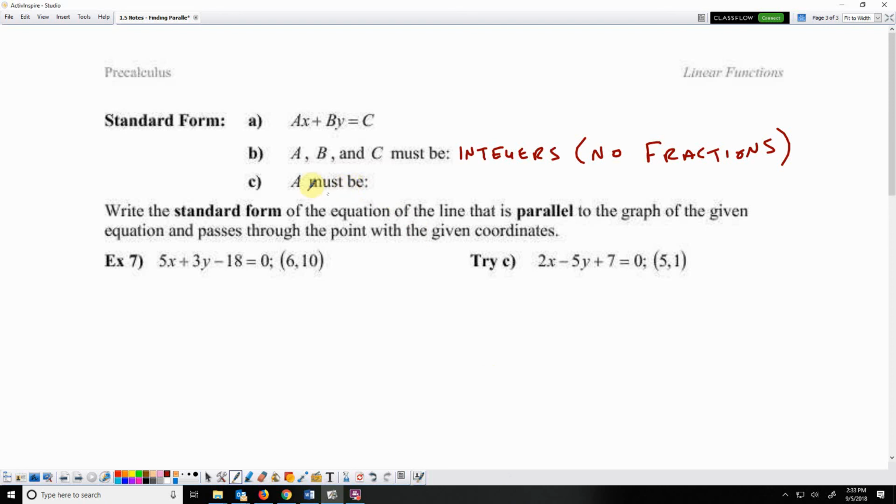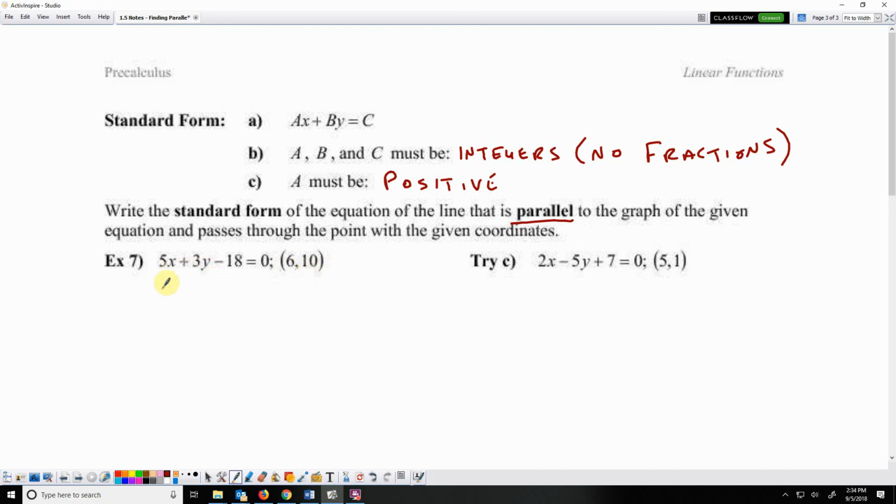And a, the lead coefficient, must be positive. So we are going to write a line in standard form, the line being parallel to this given line, and it's going to pass through this given point.